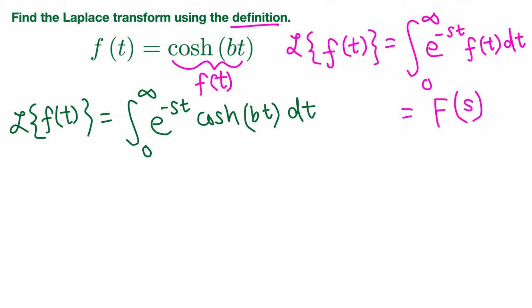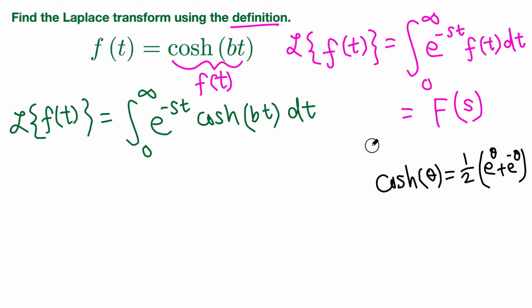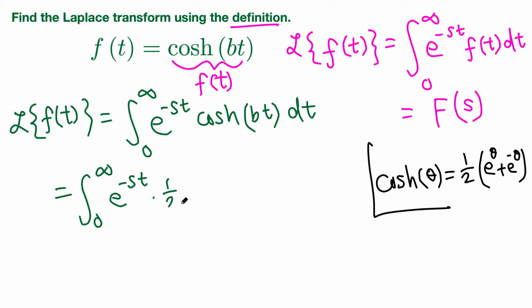Now we can do a little bit of background work so that we can kind of cheat in this question, because we know cosh of some angle is just half of e to that angle plus e to the negative of that angle. So I'm going to write cosh bt this way: the integral from 0 through infinity of e to the negative st times 1/2 of e to the bt plus e to the negative bt, dt.